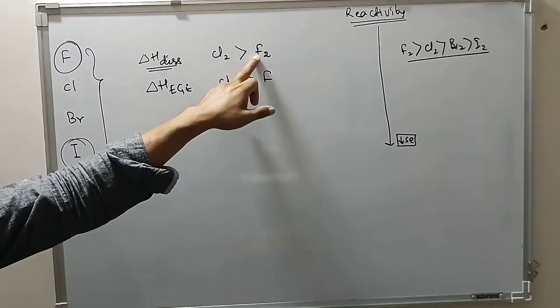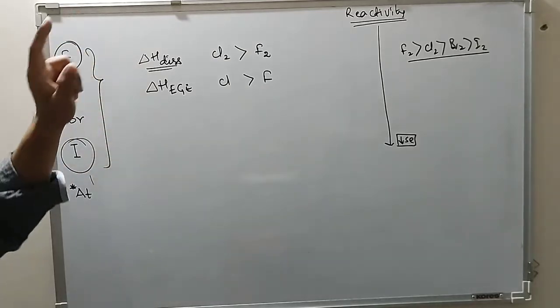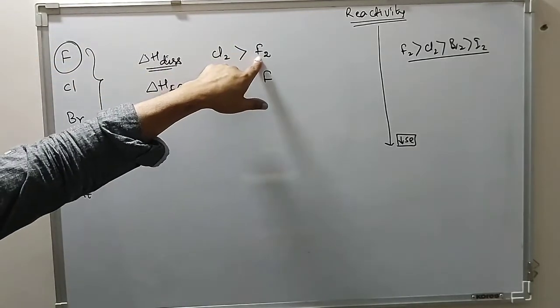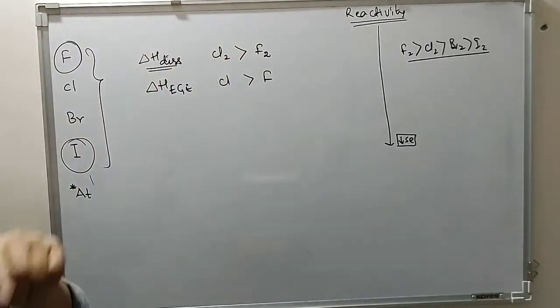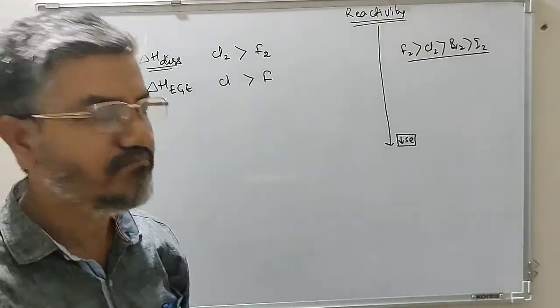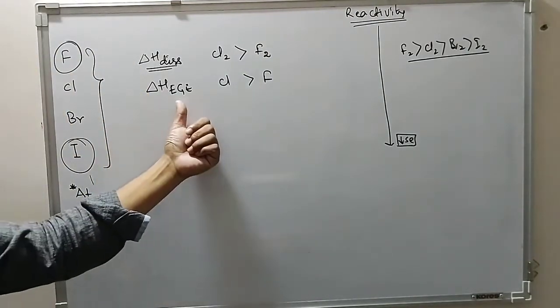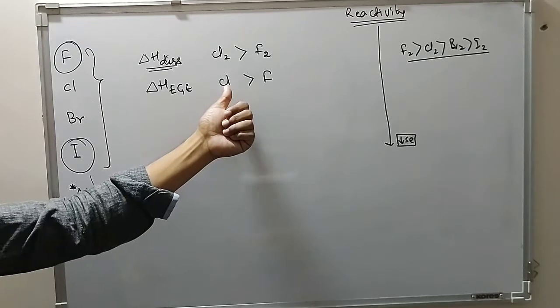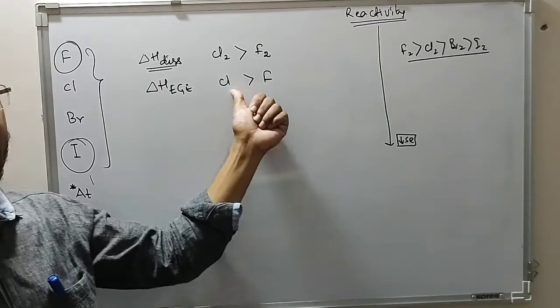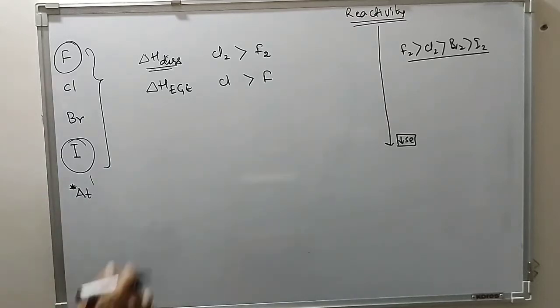So fluorine should have been more reactive. Now look at this, both are in opposite directions. Dissociation enthalpy says fluorine should be more reactive than chlorine, because the energy required to break the fluorine bond is less. But electron gain enthalpy says chlorine should have been more reactive than fluorine.